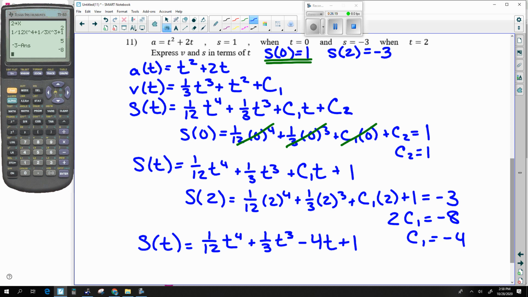That's our position. And then we also need to know the velocity equation. The velocity is going to be equal to 1/3 t to the 3rd plus t squared plus c1, which is -4.